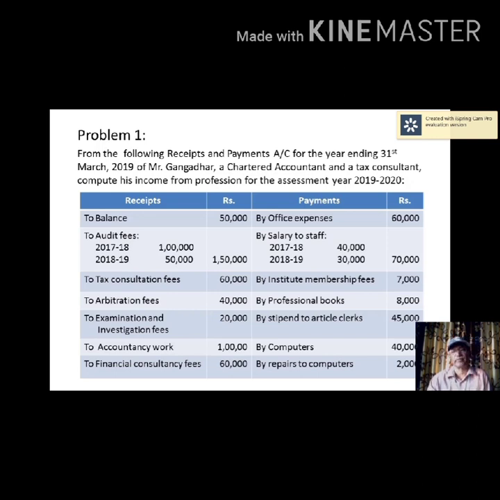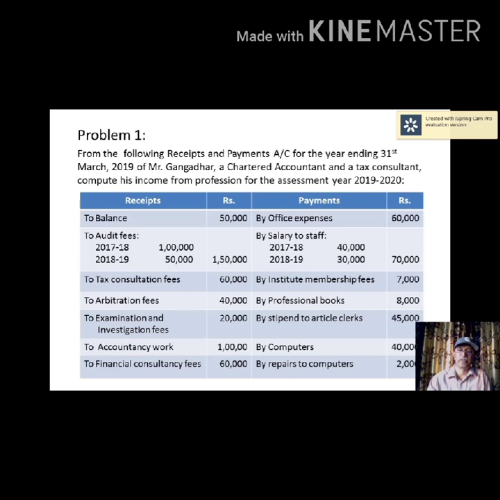Then salary to staff, as I mentioned earlier, if you have paid, whether it is relating to last year or next year or this year, it doesn't matter as long as you have paid. So whatever payment you have made, that should be taken. So 40,000 plus 30,000, 70,000, you have to take it as professional expense.